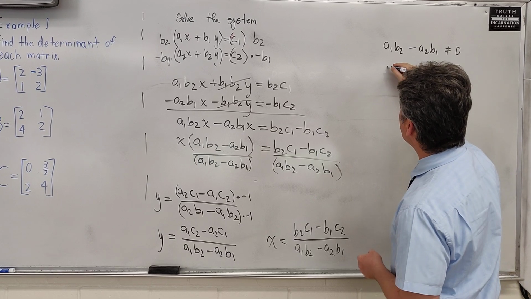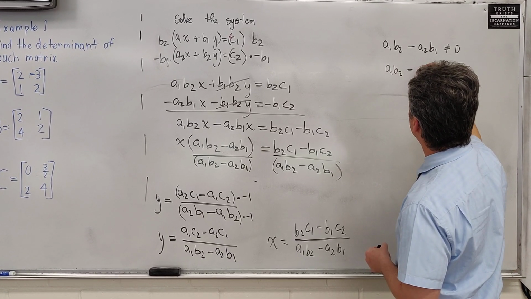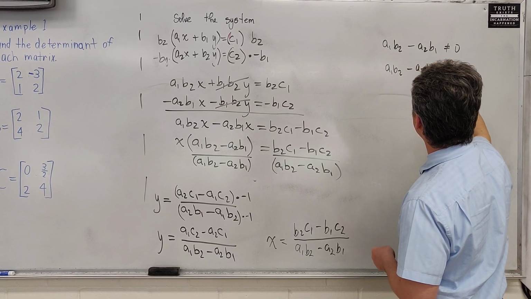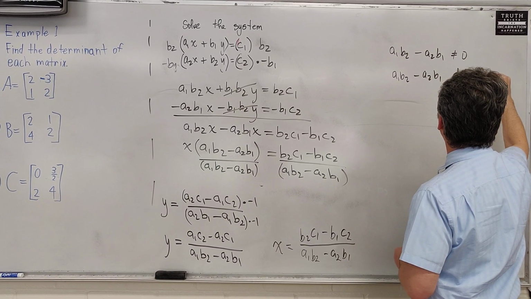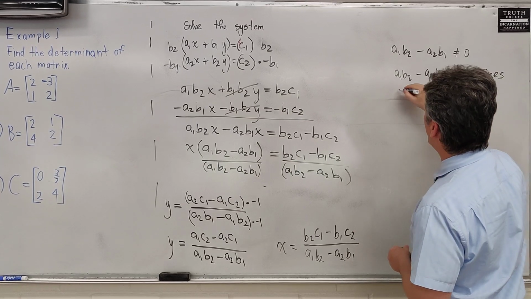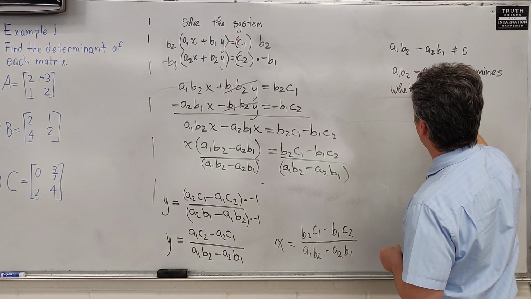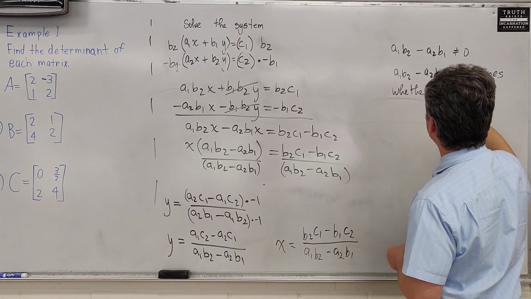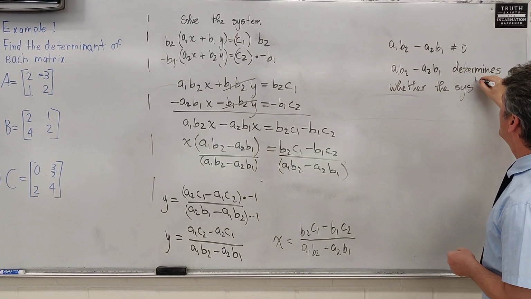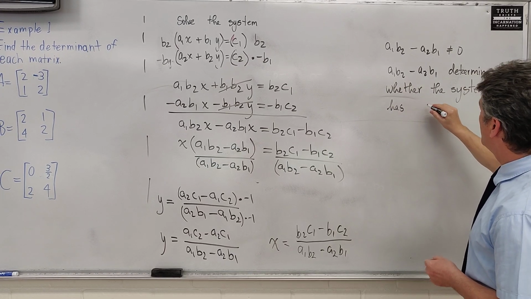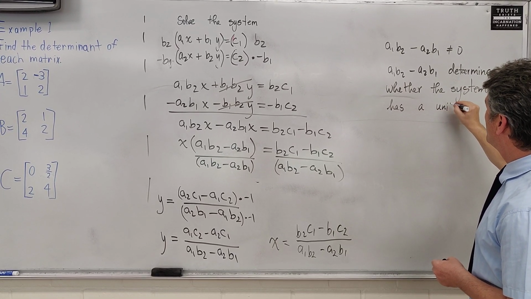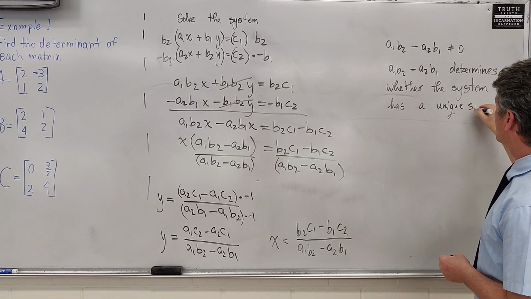So the quantity a sub 1 b sub 2 minus a sub 2 b sub 1 determines whether the system has a unique solution.